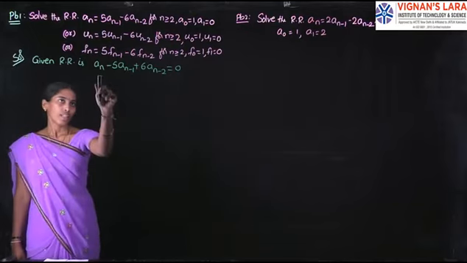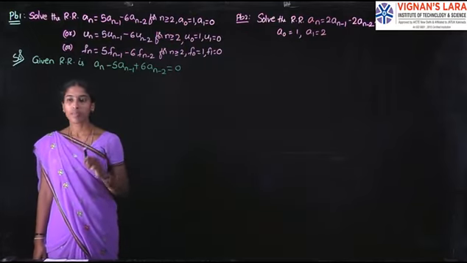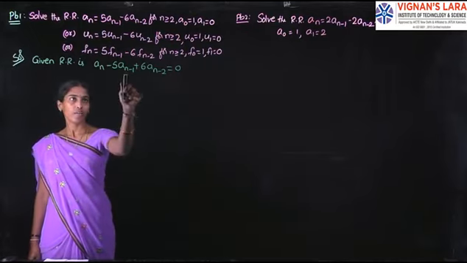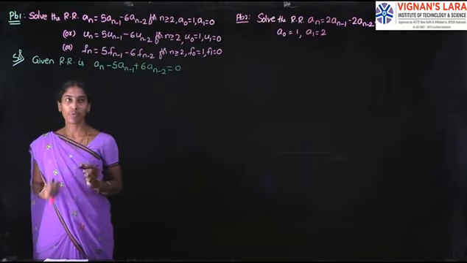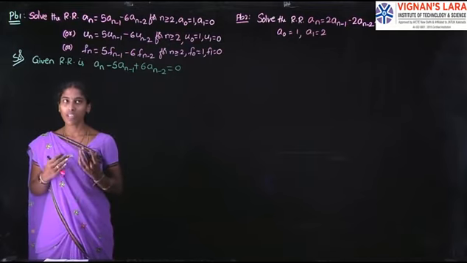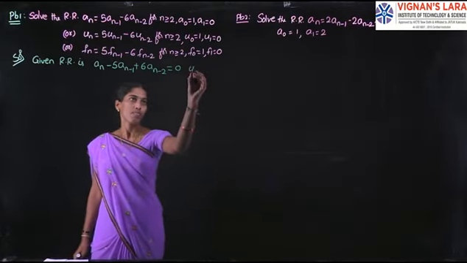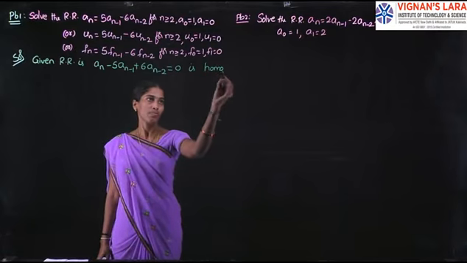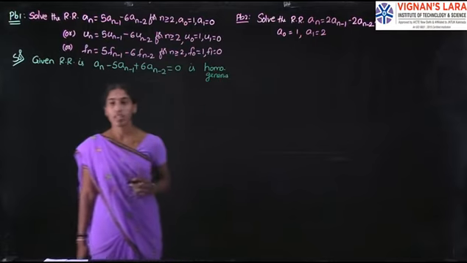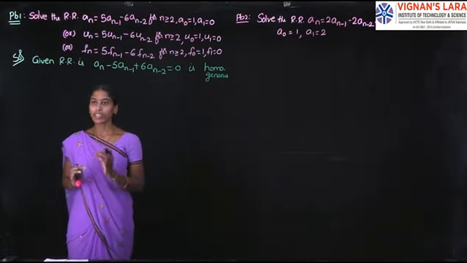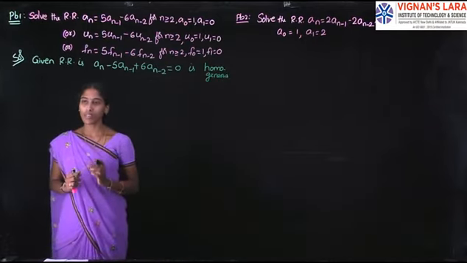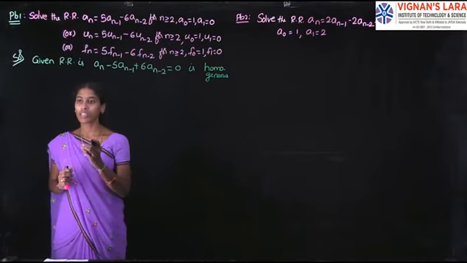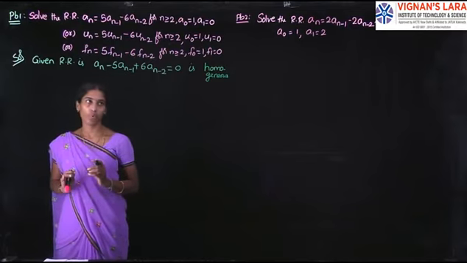In these three terms, which involve the terms of the sequence a_n, a_(n-1) and a_(n-2), there is no term which does not contain a sequence term a. So it is a homogeneous recurrence relation, because if any term does not contain the sequence term a_n, then that recurrence relation is called non-homogeneous.